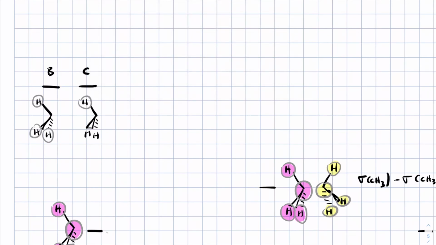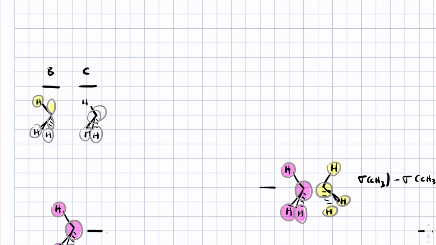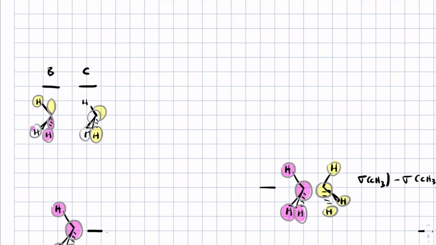I don't know why Notability doesn't come with preloaded copy and paste features for MOs. Wouldn't that be nice? All right. So filling in the back. Okay, you've got your pi-type orbitals there. Of course, on the other side, we're going to have the same thing.